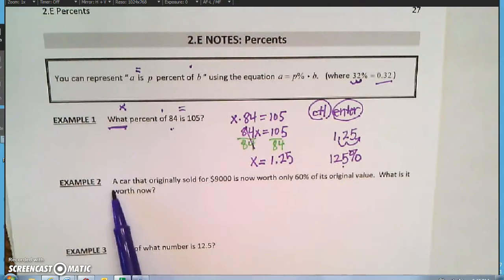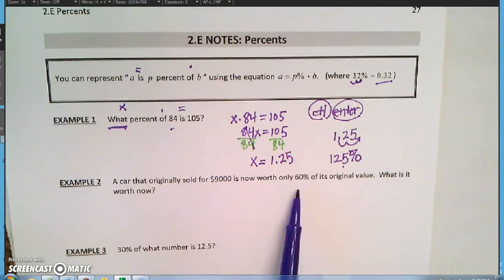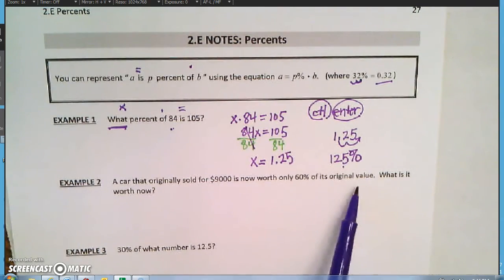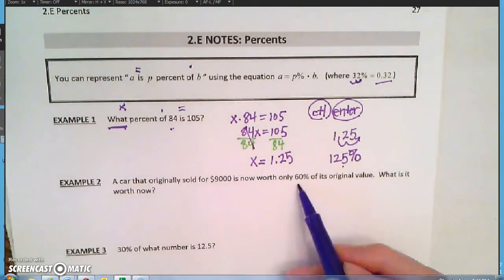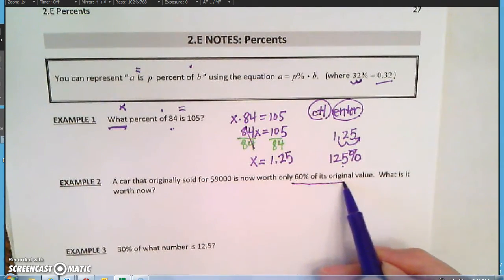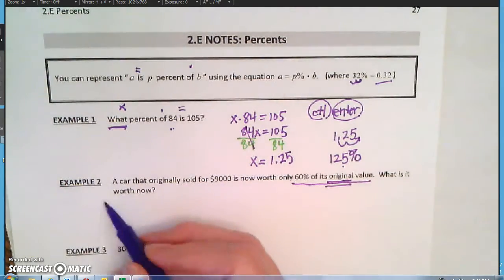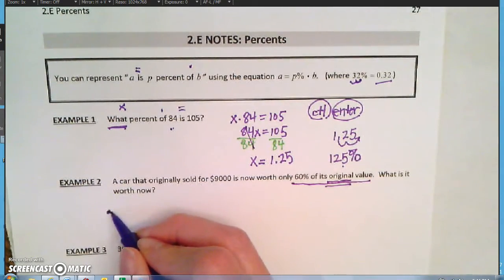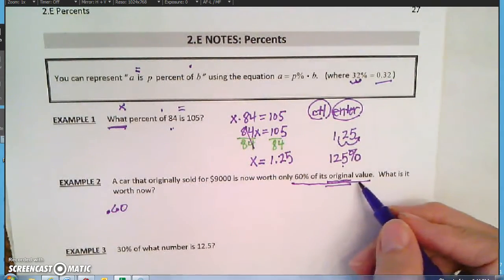Example 2: a car that originally sold for $9,000 is now worth only 60% of its original value. What is it worth now? So we have 60% of its original value. So 60%, we're going to write as a decimal, 0.60, times the original value.